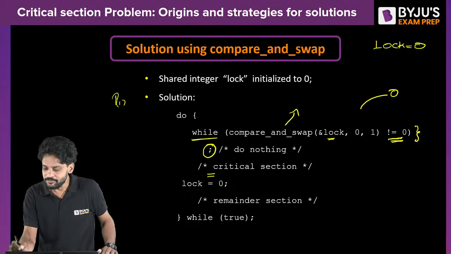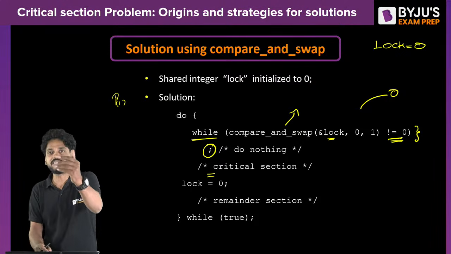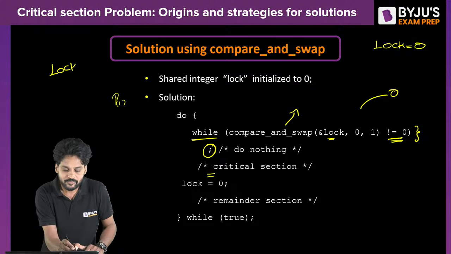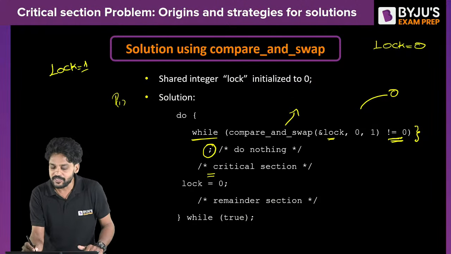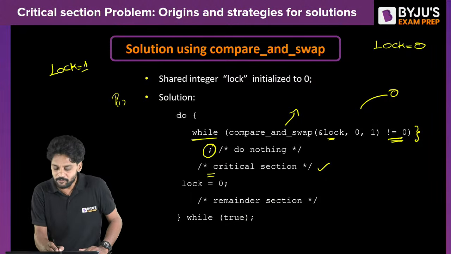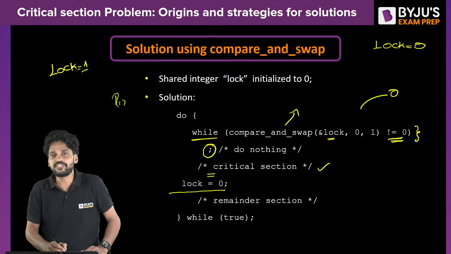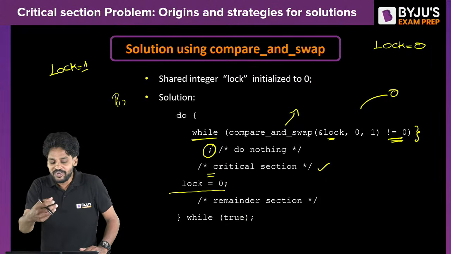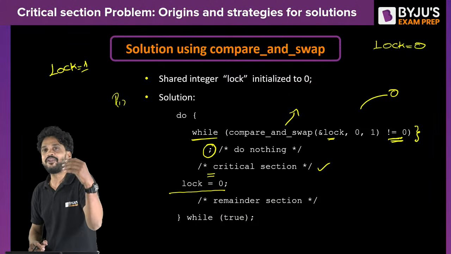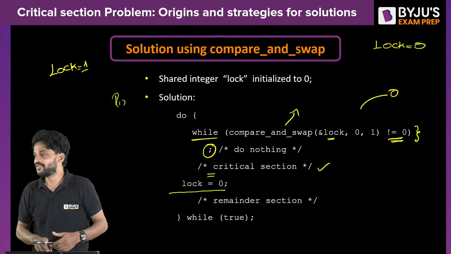If it returns 0, obviously that means that the lock is available. After setting this lock to 1, you will be able to enter into the critical section. Right? Right after which, while coming out, as in the test and set lock, you need to make sure that you release the lock. Similarly, here also, bounded waiting cannot get satisfied at all. Yes or no?